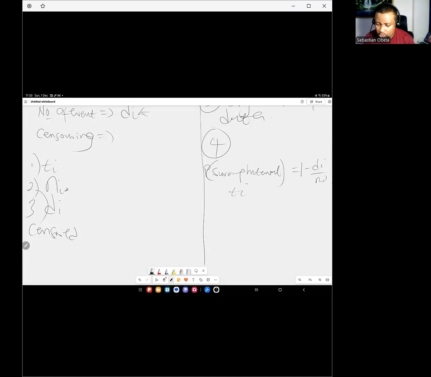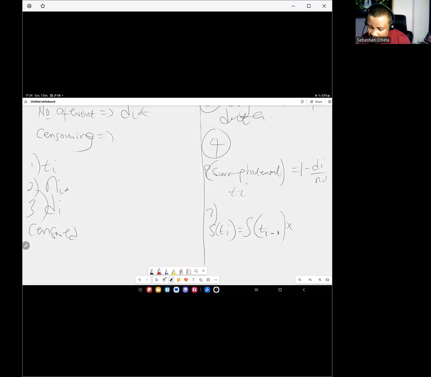All right. 2, if we want to calculate the cumulative survival probability at t_i, what we are going to have will be the survival probability at time t_i minus 1, multiplied by the probability of surviving the interval.